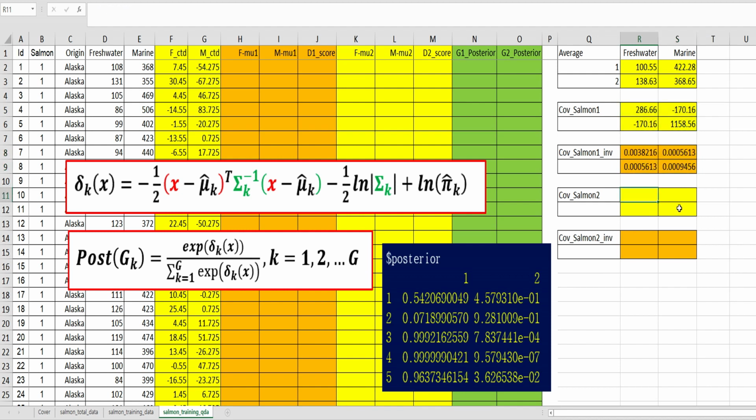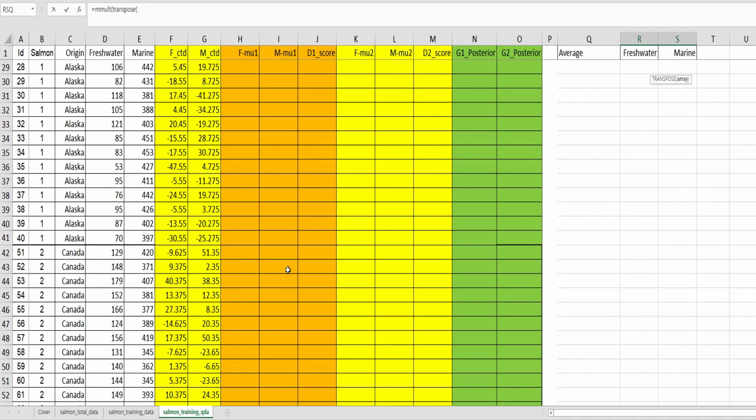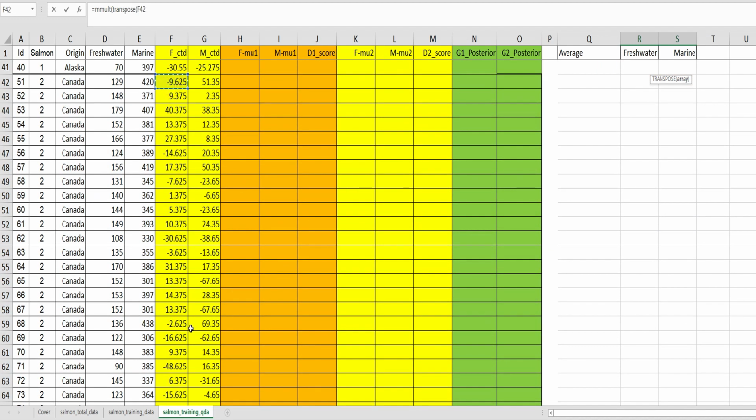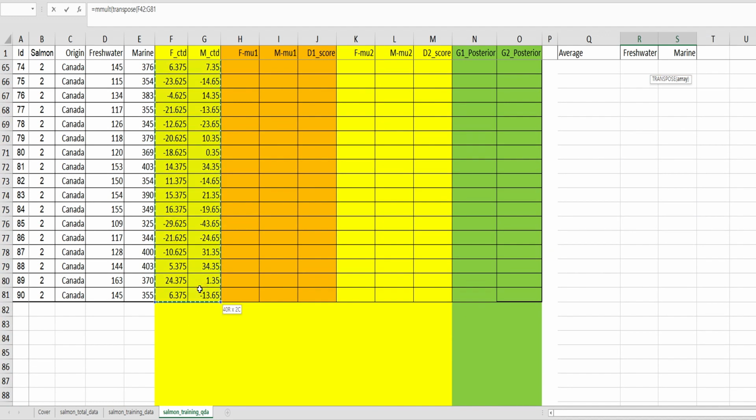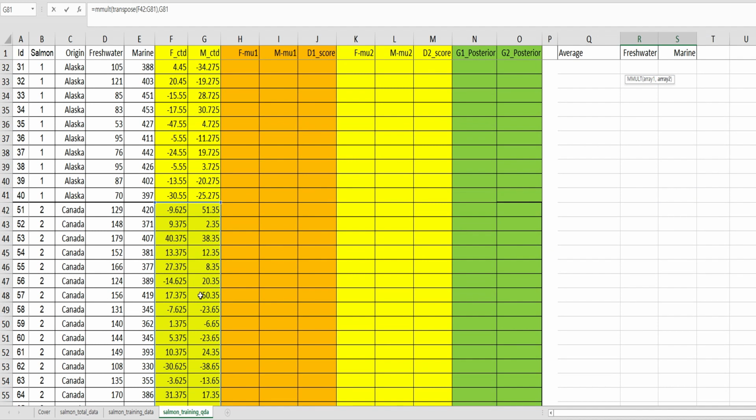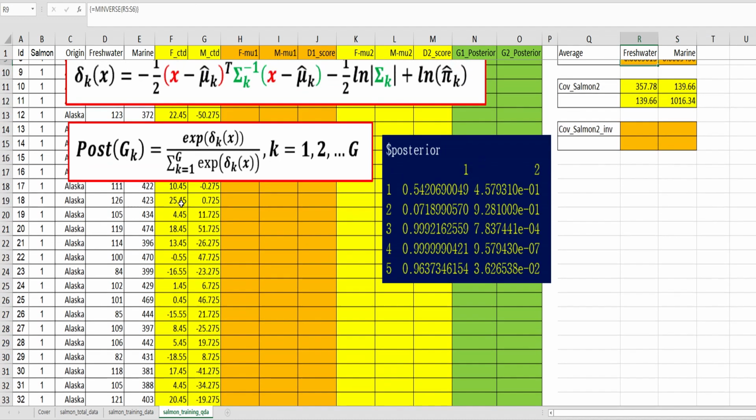For covariance of salmon 2, covariance matrix, same approach, MMULT, transpose, from group 2 data, and same data. Okay, and over 39. Okay, then let's press Ctrl Shift Enter.